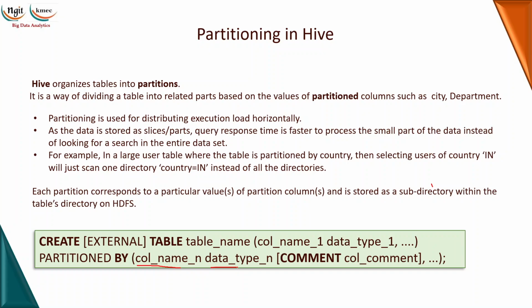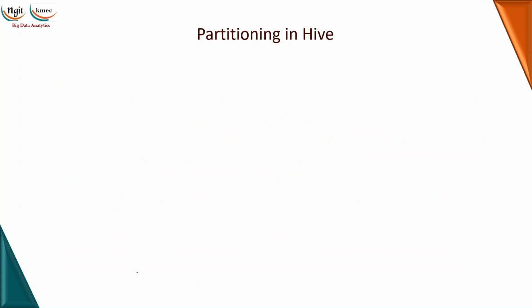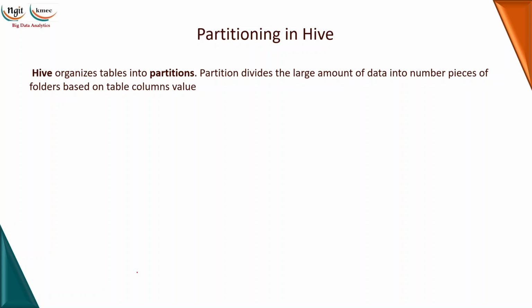The important thing is that whatever column you mention here should not be given as a regular column. If you select a column as the partitioned column, it should be given in the PARTITIONED BY clause only, not anywhere else. And it organizes the tables into partitions.